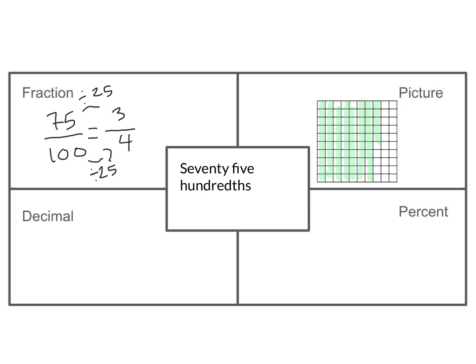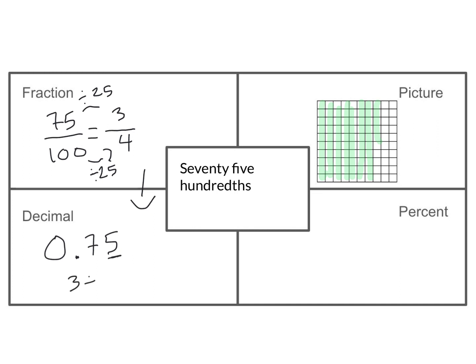Now we're going to go to a decimal. I'm going to use the strategy again of reading it. So if I have 75 hundredths, that means that I'm going to have 75. That goes to the hundredths place. Once again, you could also do 75 divided by 100 to get that, or 3 divided by 4. Either way, you would get 0.75.